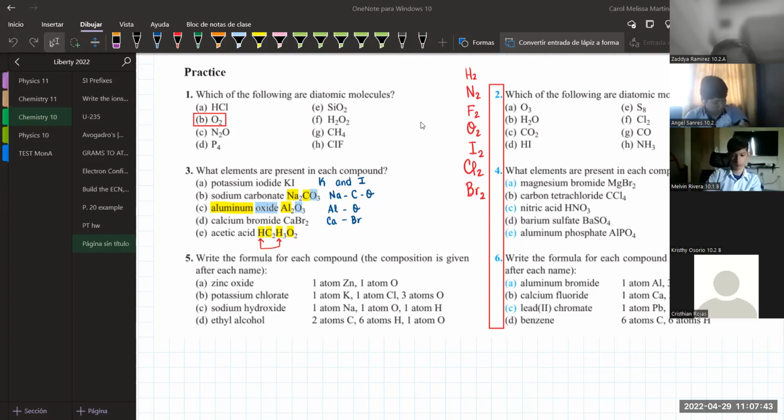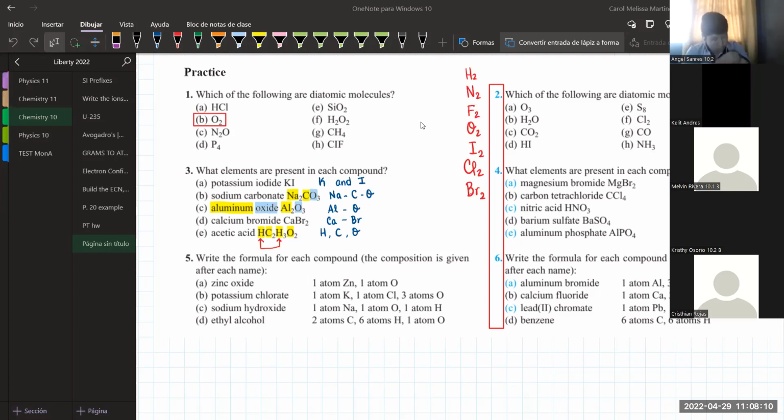What elements are those? Hydrogen, carbon, and oxygen. So you can see that elements can be in different places in the same chemical formula. But in total, what are the elements that make up the compound acetic acid? Just hydrogen, carbon, and oxygen.